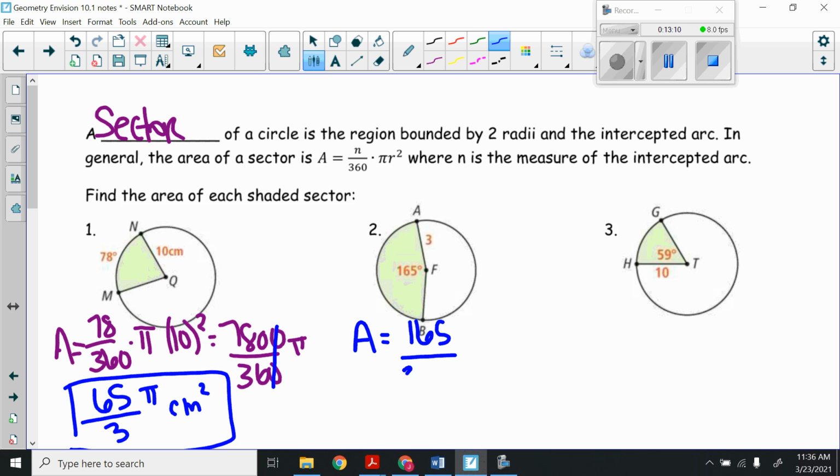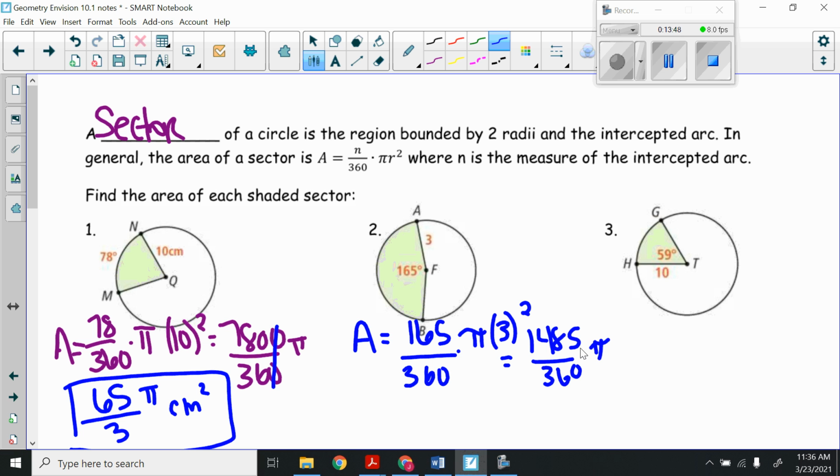So number 2, my area, 165 over 360 times pi times 3 squared. So again, 3 squared is 9. 9 times 165, I get 1485 on top over 360 times pi. I believe those both have a 5 in common, so divide everything by 5.